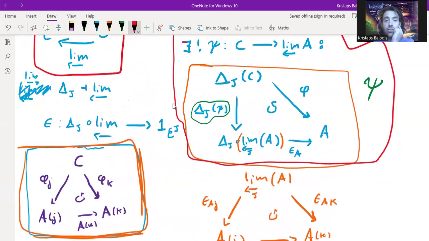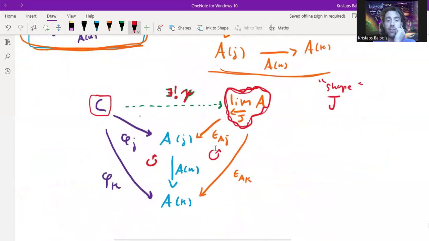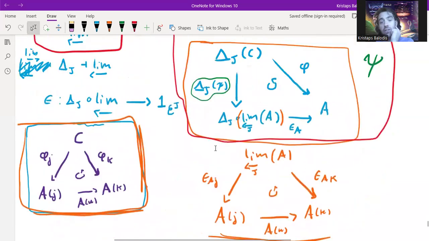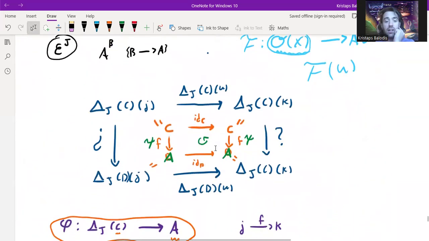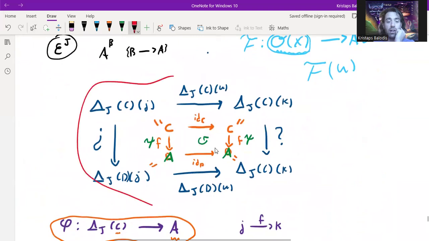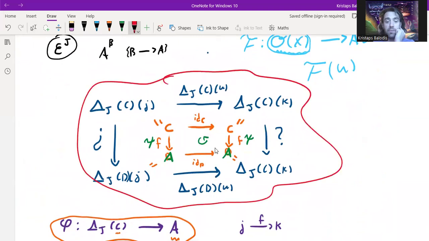We needed to construct, in order to make it true, a unique psi, which was actually a natural transformation between these two things that did some such stuff. But remember, if we have this diagram and that psi exists, then I can define a natural transformation just in this way.